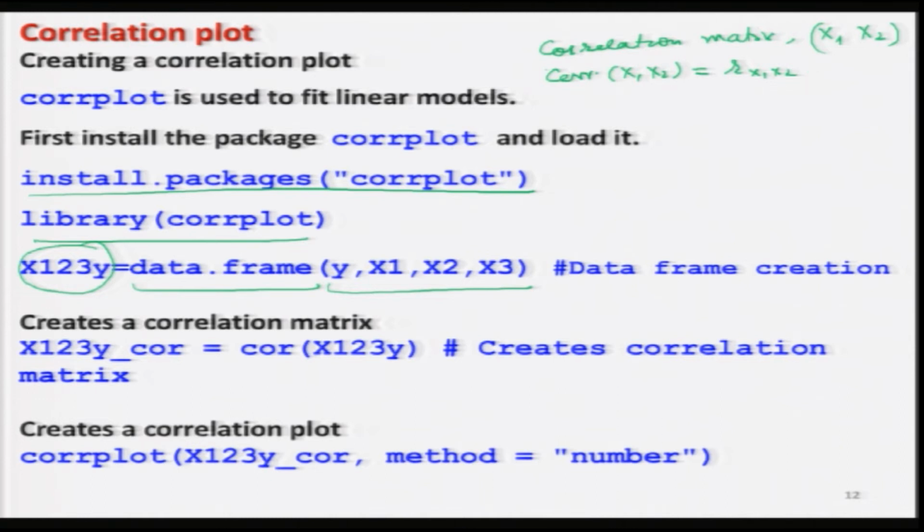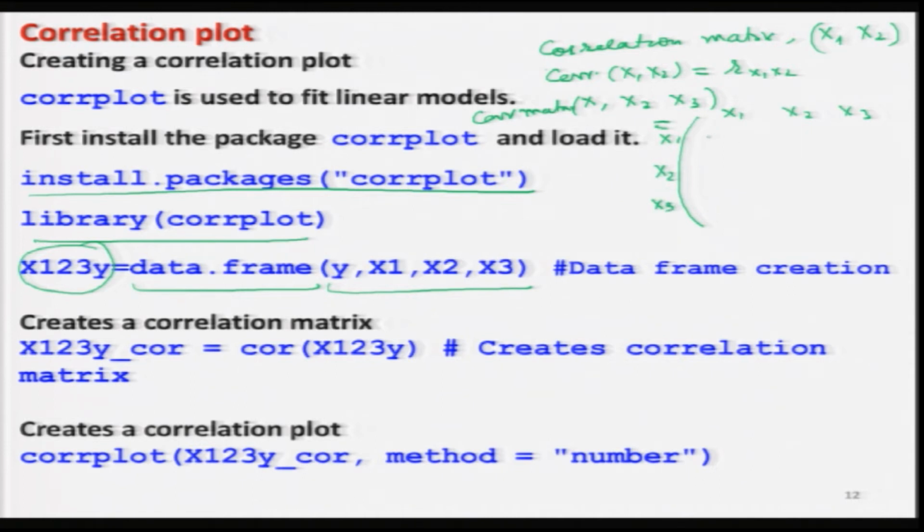Now suppose I have 3 variables x1, x2 and x3, and I want to create a correlation matrix. The correlation matrix of x1, x2, x3 will be a matrix like this. You can write x1, x2, x3 along the rows and columns, which is easier to understand.